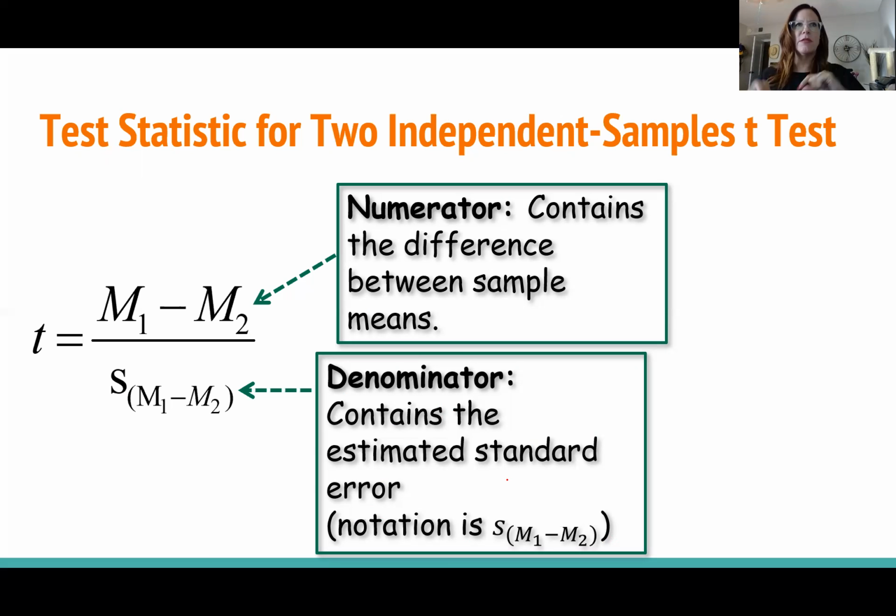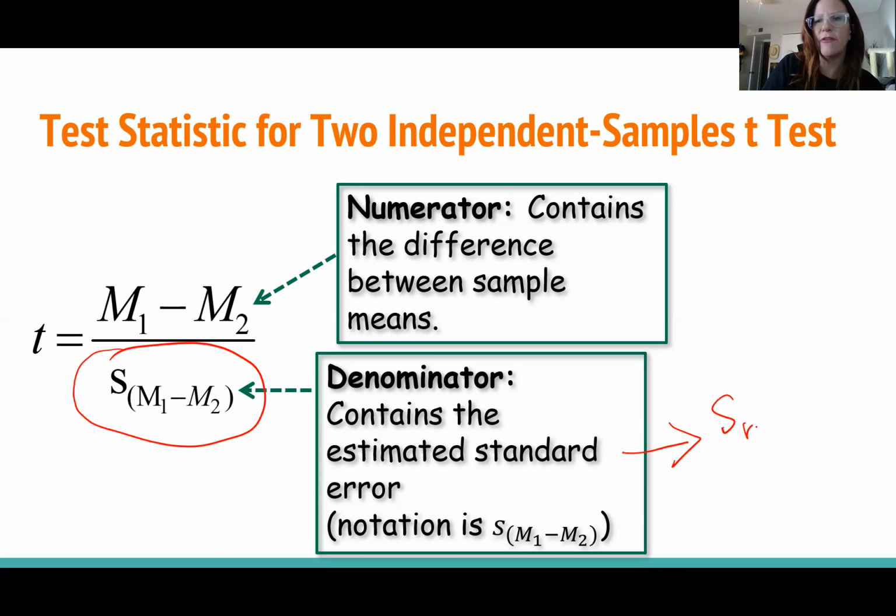Now, this is something that many students kind of mix up, because this is a long notation, but this entire thing is a notation. It's not an equation. And within that is a couple of equations within equations. So if you remember in the single sample t-test, our estimated standard error notation was S subscript M. Well, think of this M as we only had one sample mean.